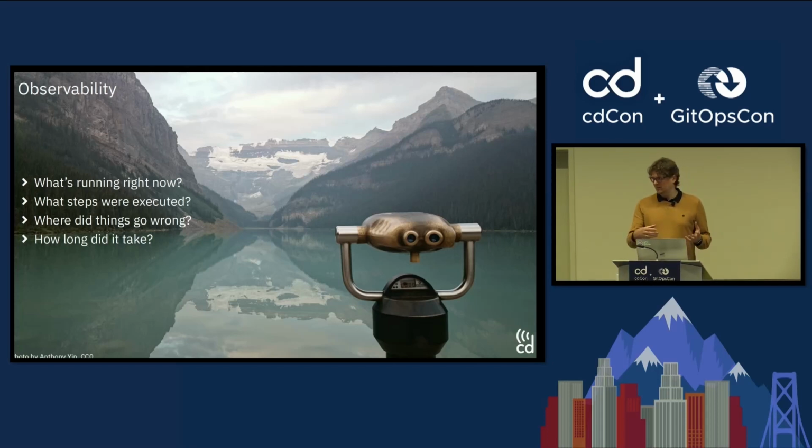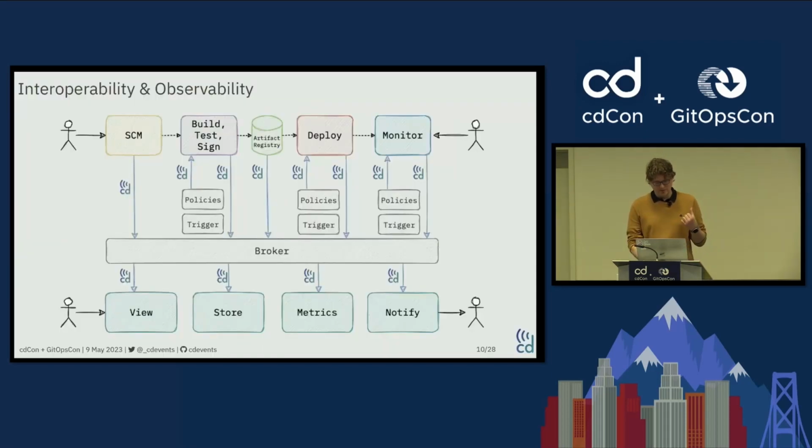Where am I in my workflow? What steps were executed? If something goes wrong, where did it go wrong? You need to pinpoint where things went wrong. It also becomes harder to answer questions like, how long did it take? So you may want to evolve the picture from before and add some more blocks at the bottom.